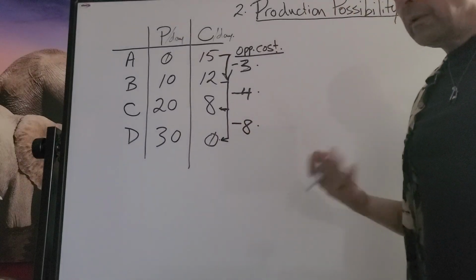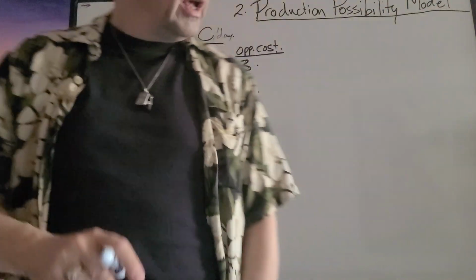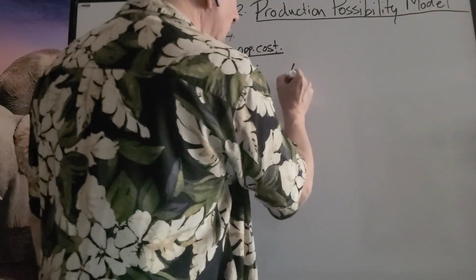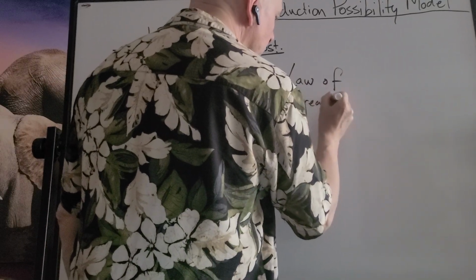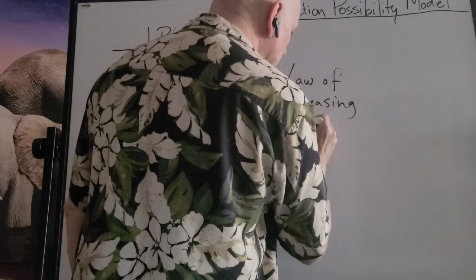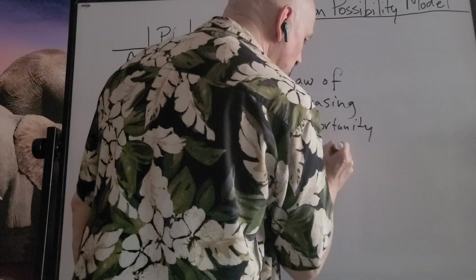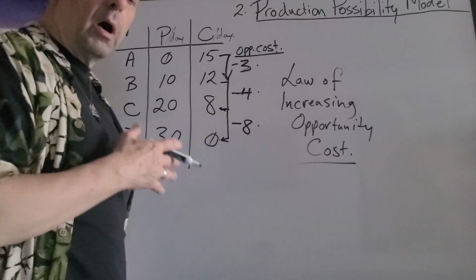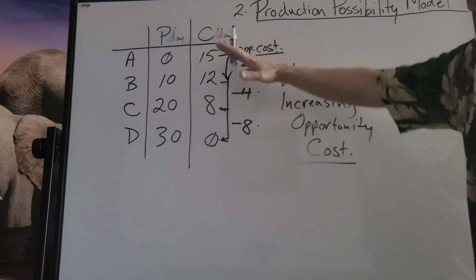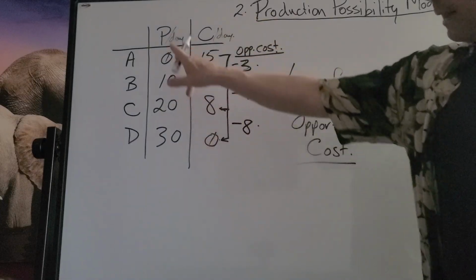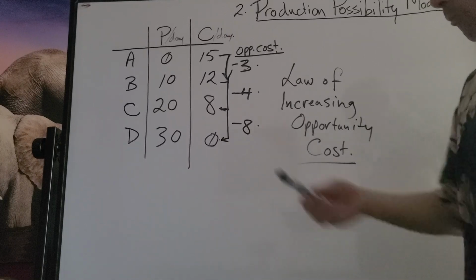Now, that could be for a number of reasons, and this is something that we've noticed in economics to the point where we call it the law of increasing opportunity cost, right? The law of increasing opportunity cost says that as I go along, it's going to cost me more and more crabs in order to get more pineapples.